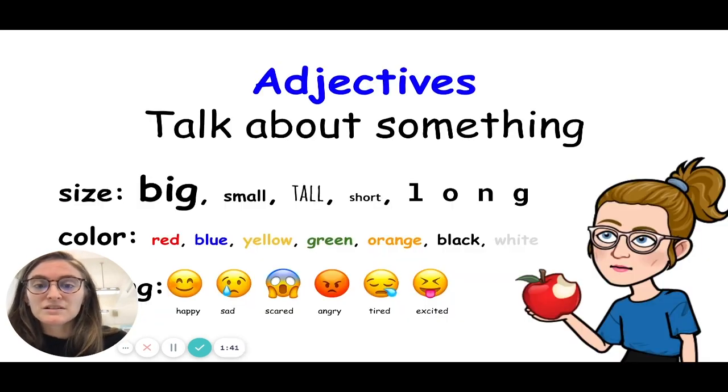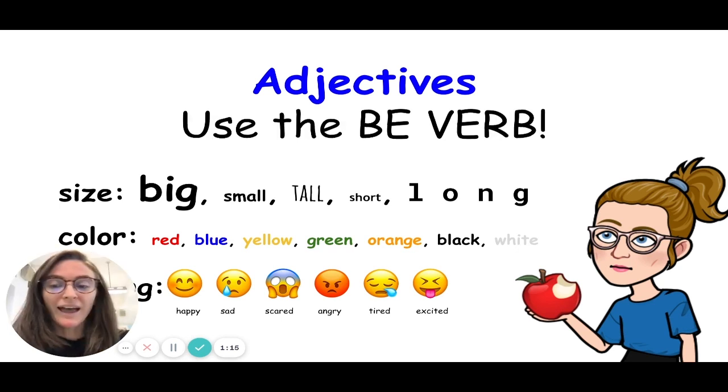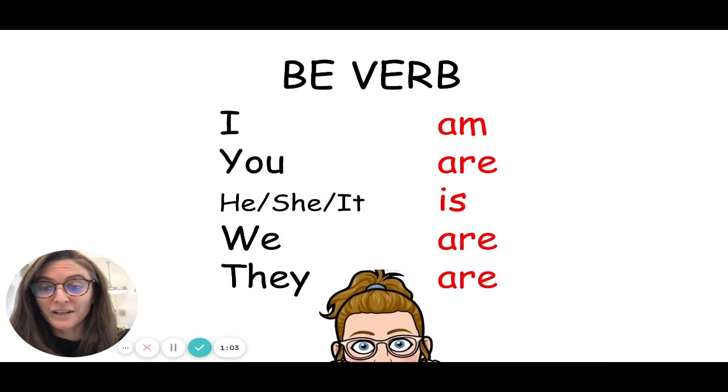All right. So, one more time, adjectives are words that we use to talk about anything. And very important, class 102, when we are using adjectives, meaning when we're talking about something, we use the be verb. So the be verb is super important.